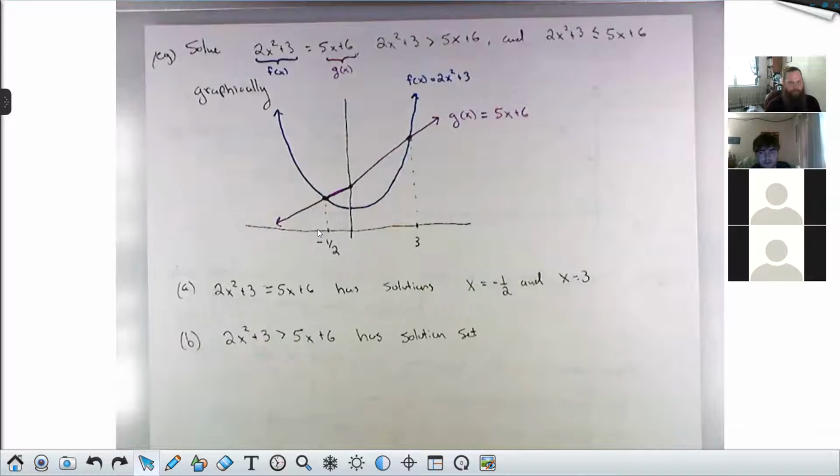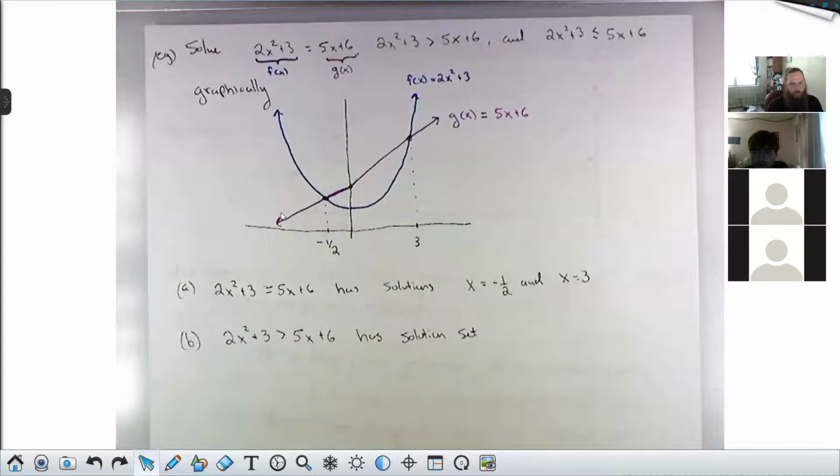When all of the x values for 2x squared plus 3 are greater than 5x plus 6. Good. Yeah, exactly. So I'm looking for the x values where 2x squared plus 3, which is the blue graph, is greater than or lies above the purple graph.